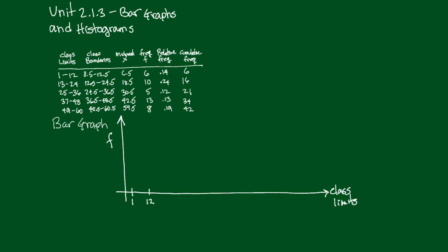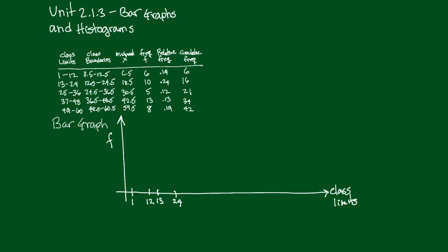Then I've got a gap, and then I'm going to go 13 up to, I'm trying to make this the same length, so it looks the same length, up to 24. So let's see, does that length look about that length? Yeah, okay. So we're doing this by hand, but keep in mind, we're not going to draw these by hand, right? We have machines and software packages that do this for us. But this will give us a good idea of how to read these things.